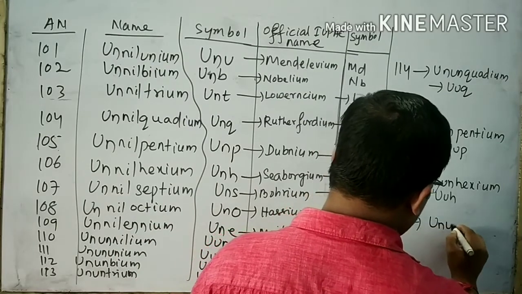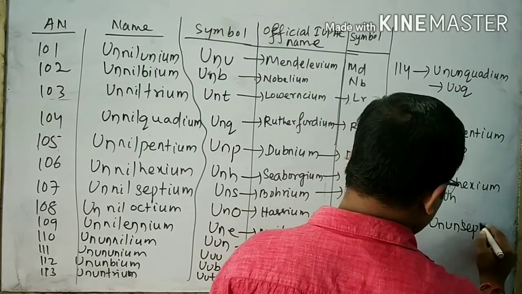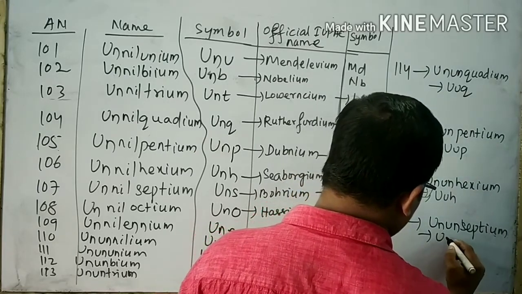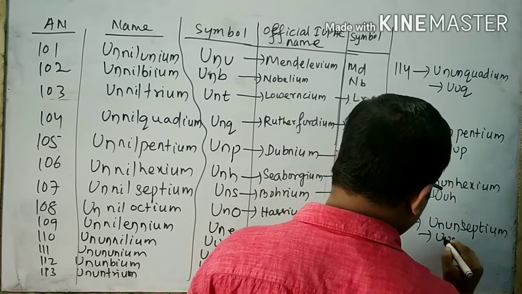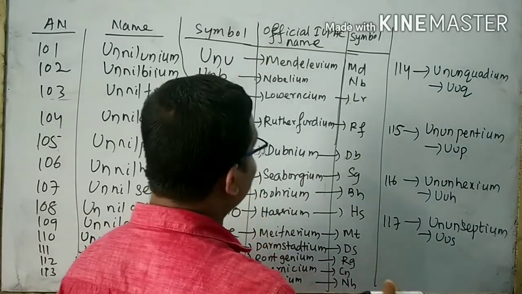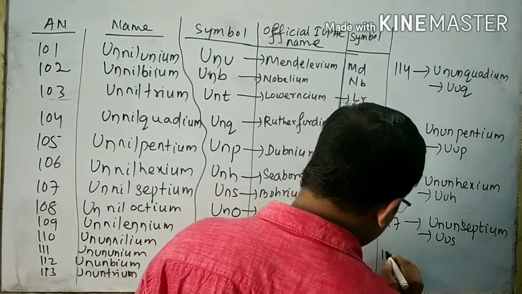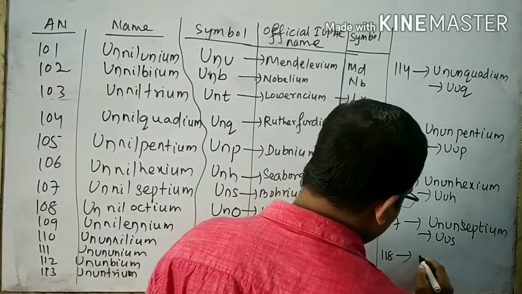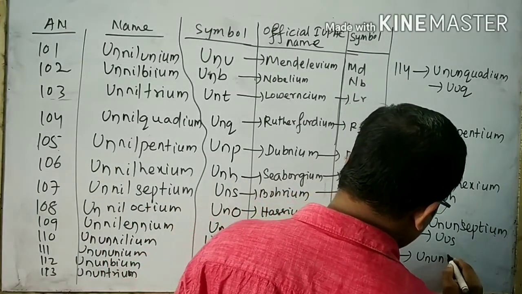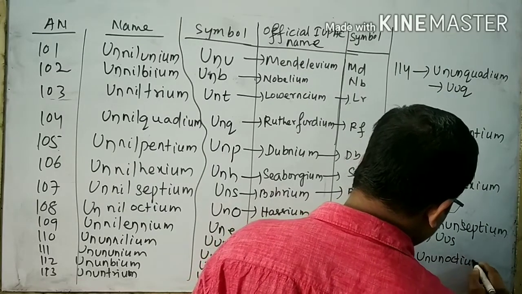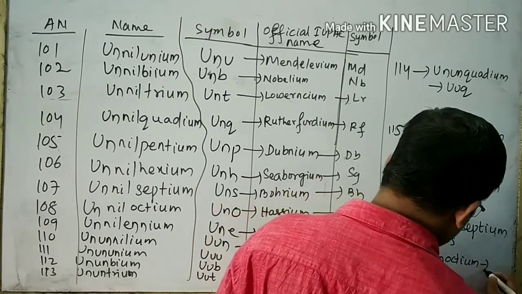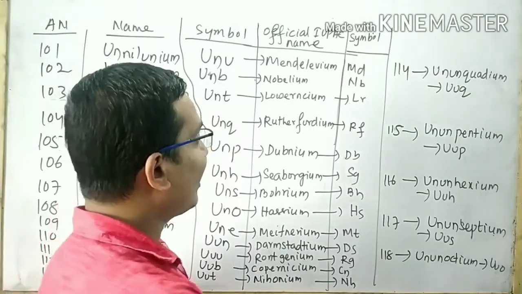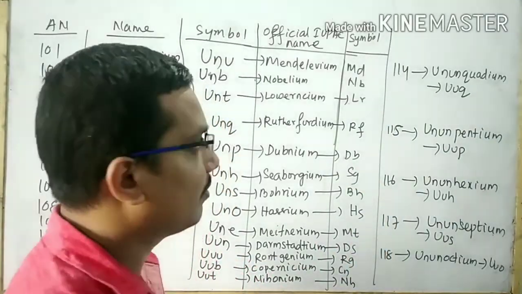That is un un sept, IUM. The symbol is UUS. It also has an official name and symbol. Next I will discuss the element having atomic number 118. That is un un oct, IUM. Its symbol is UUO. All have official IUPAC names and their symbols.